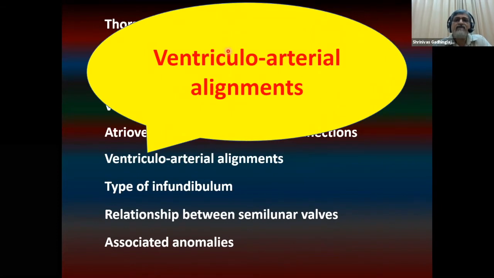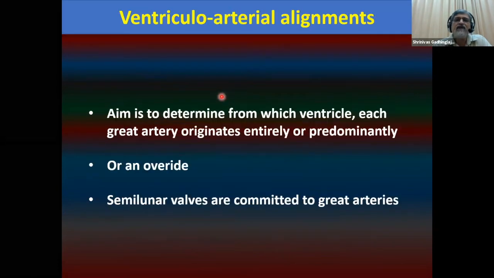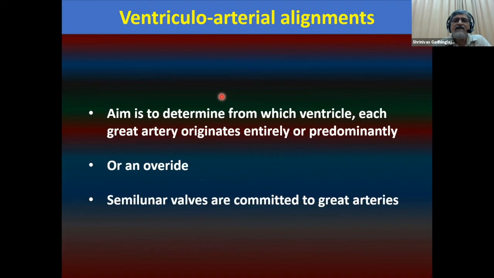Now coming next to the ventriculoarterial alignments. We have seen the AV, now we'll see the VA alignments. Here the aim is to find out whether the pulmonary artery and the aorta are arising from which ventricle. It should be either totally or predominantly arising from one ventricle. If it is just 60%, more than 50%, it is called override.